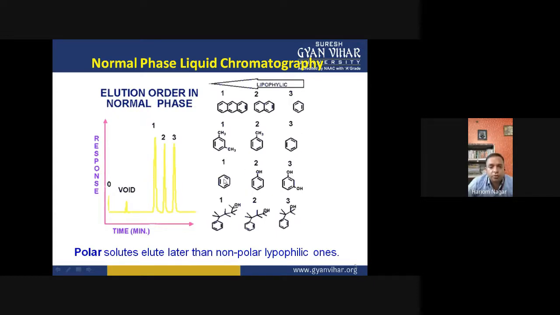Moving from left to right, the polarity is increasing. This is the most polar, this is the least polar. The least polar species will elute faster from the column in normal phase liquid chromatography, right? So the polar solutes elute later than non-polar lipophilic ones.